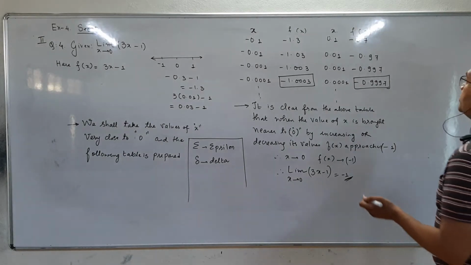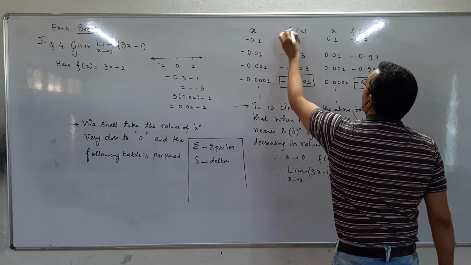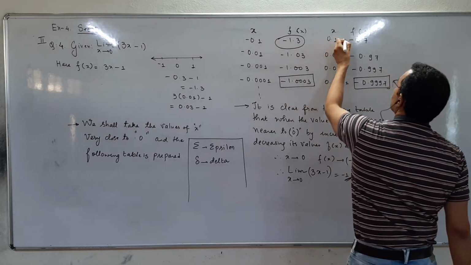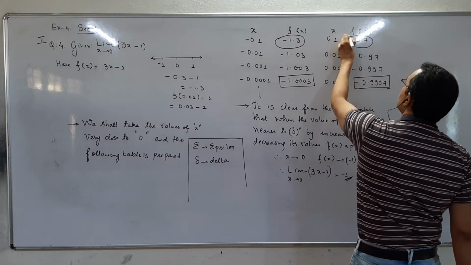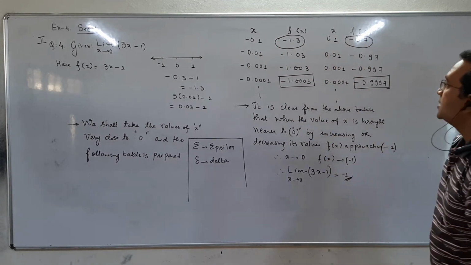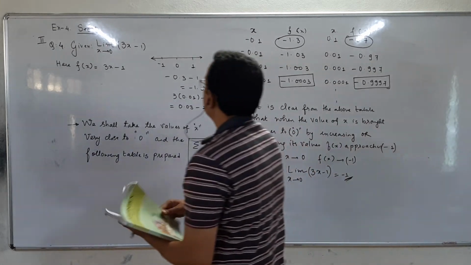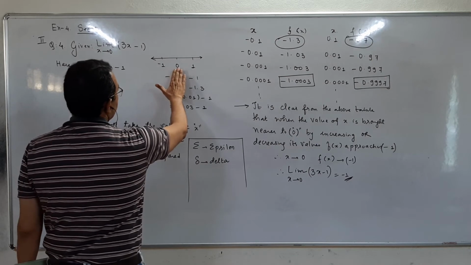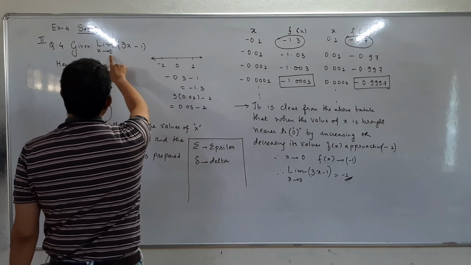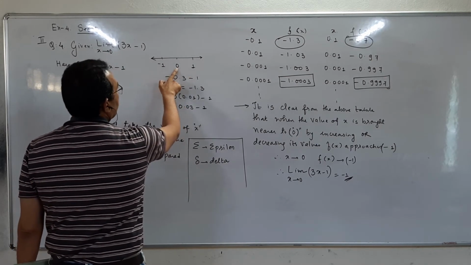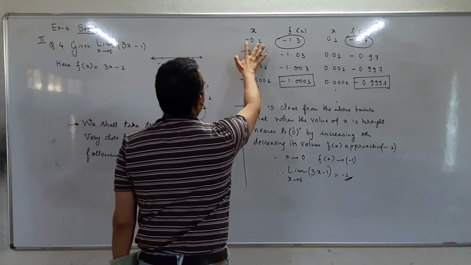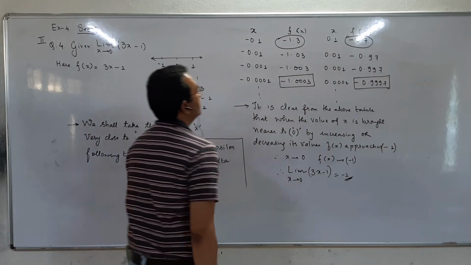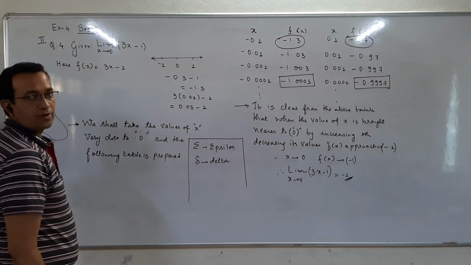That if I want to bring my f of x in the range minus 1.3 to minus 0.7, then students, pay attention, then for this 0, I have to take the values of x as say minus 0.1 and plus 0.1 difference from 0.